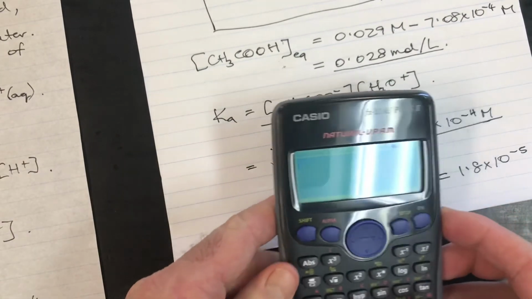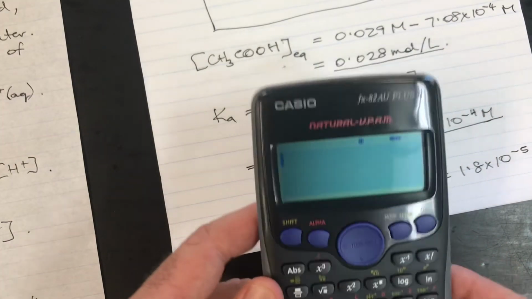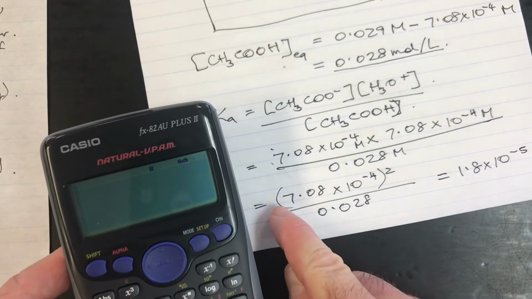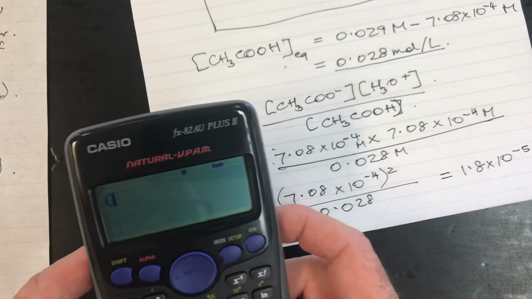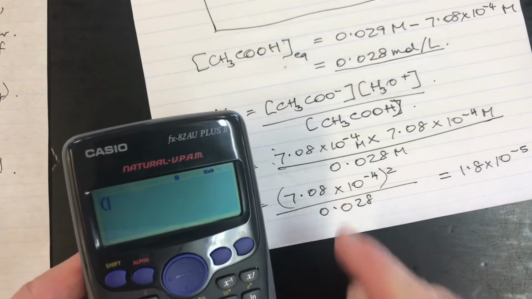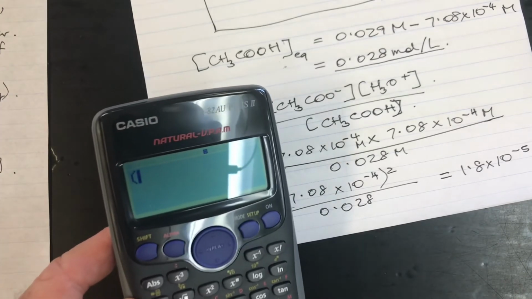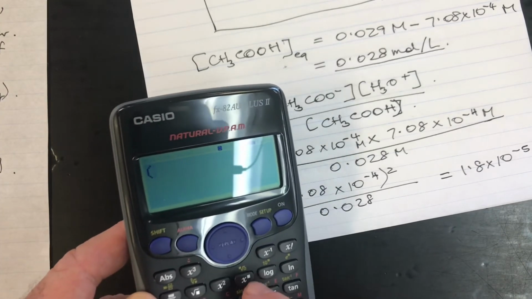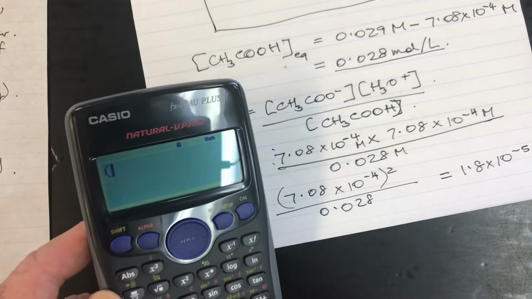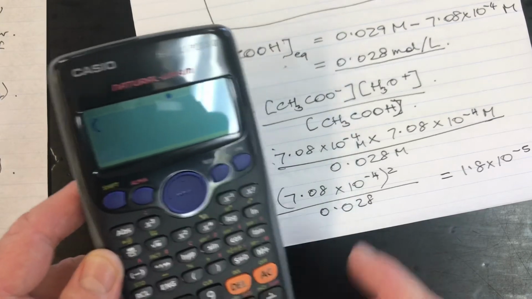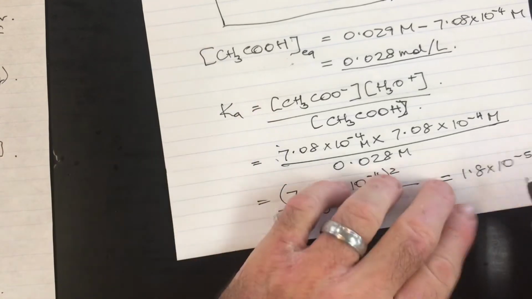Seriously, if you can't work out how to work your Casio FX82 yet, give us a yell. But you literally go from left to right, punching all that in: 7.08 times 10, hit that button, to the power of negative 4, close bracket, to the power of 2, and then divide by 0.028. You'll be good.